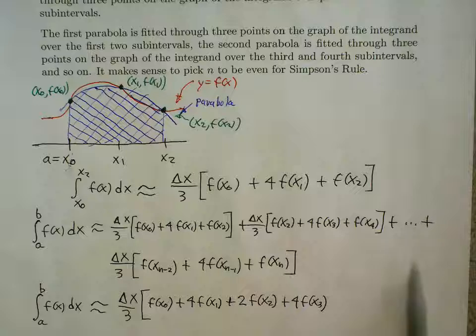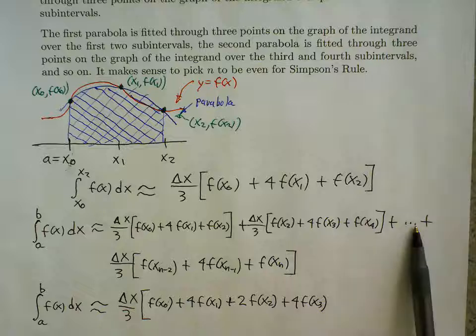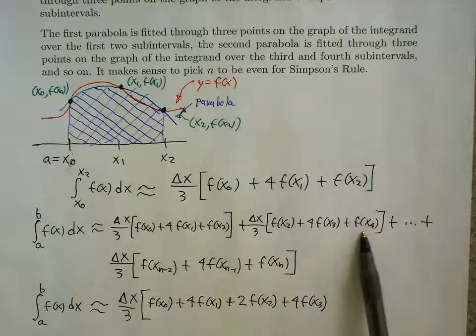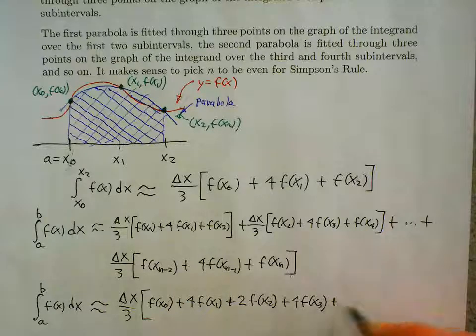And what do you suppose will happen next? So this next term that I didn't write, but it's in the 3 dots, it's also going to have an f of x sub 4 term. So we're going to get 2 times f of x sub 4.